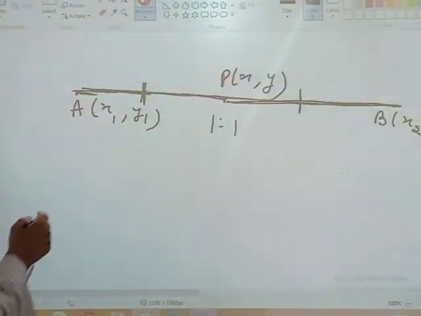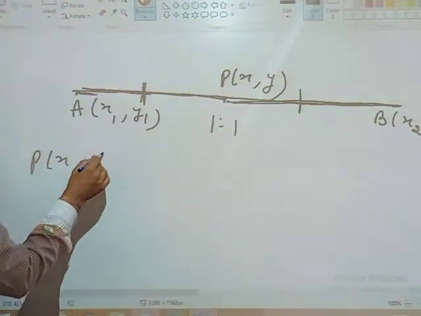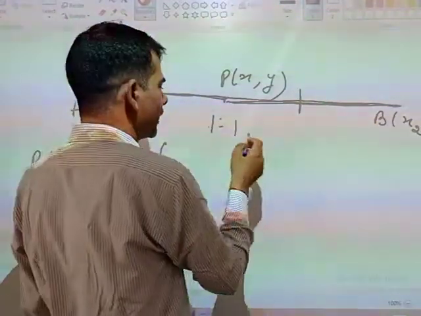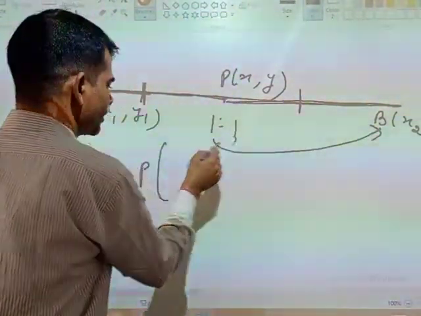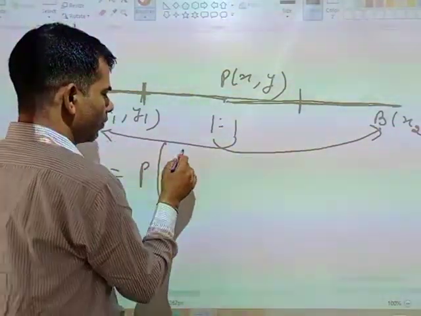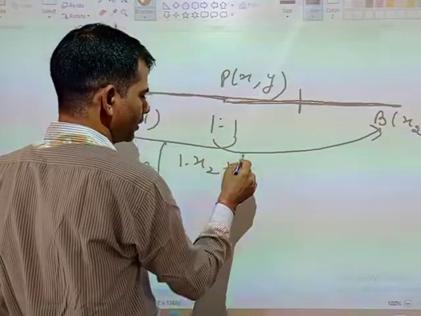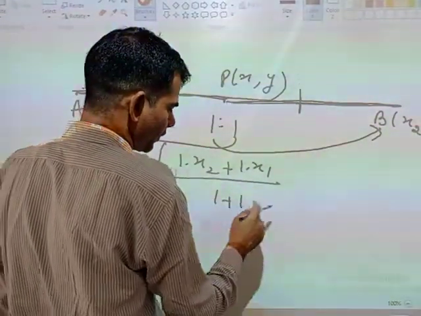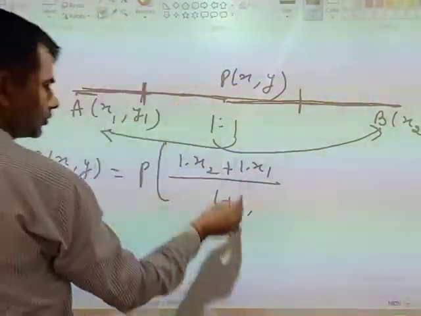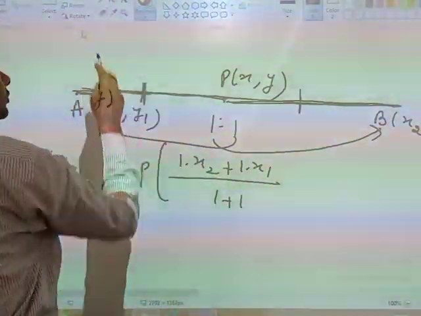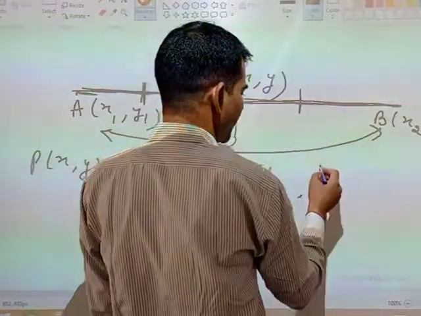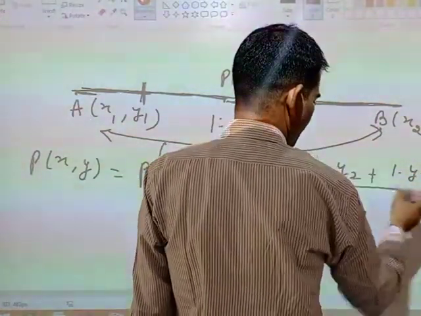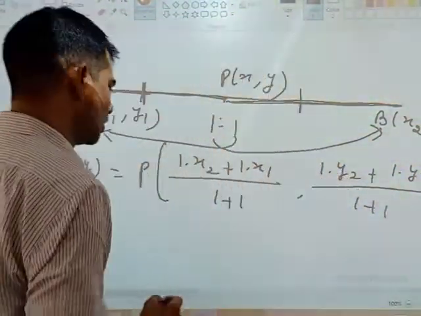So the coordinate of P x y is 1 into x2 plus 1 into x1 divided by 1 plus 1, and 1 into y2 plus 1 into y1 divided by 1 plus 1.